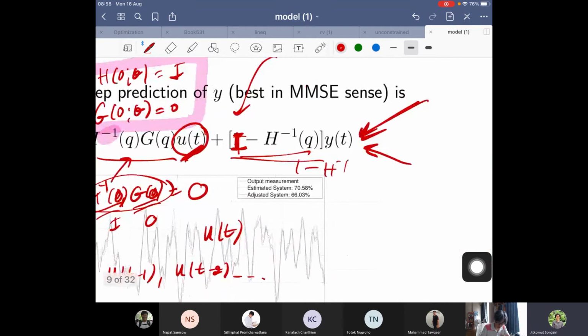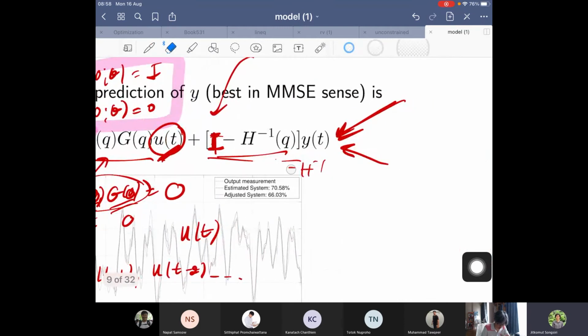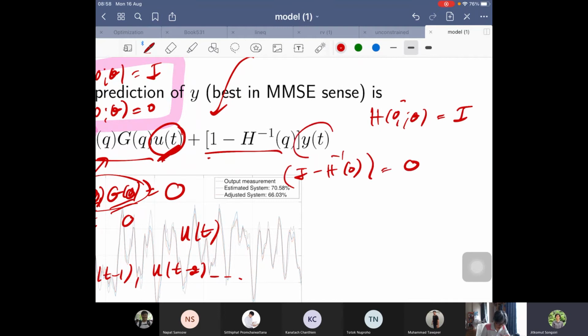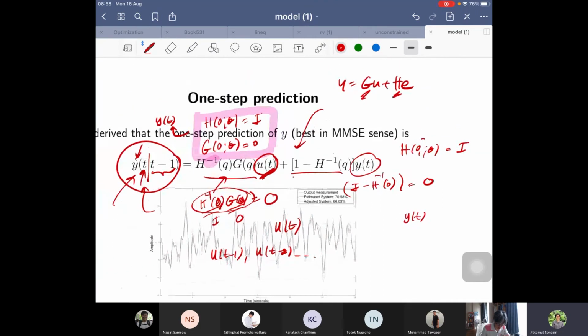Okay, this term as well, because of the condition that H0 theta equals I, so I minus H inverse 0 is 0. The effect from yt cannot be present in order to predict y hat at t.